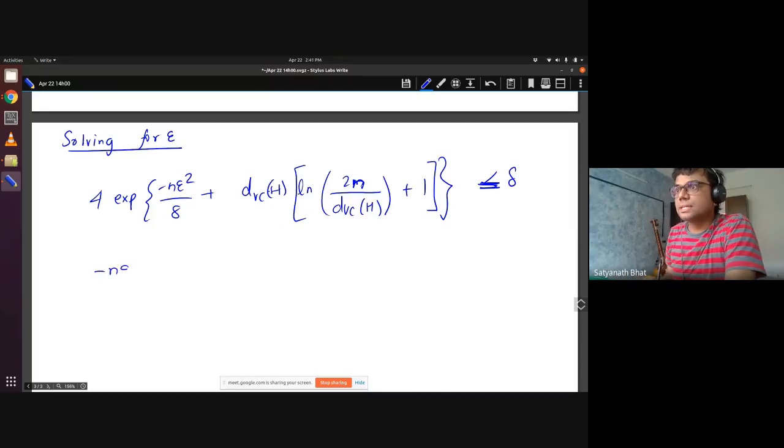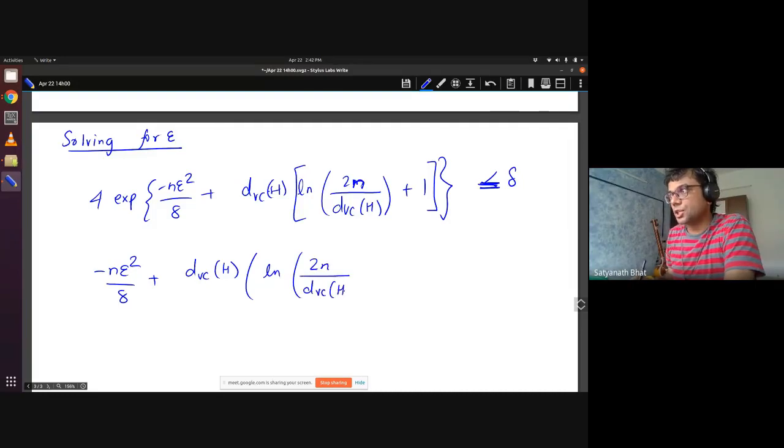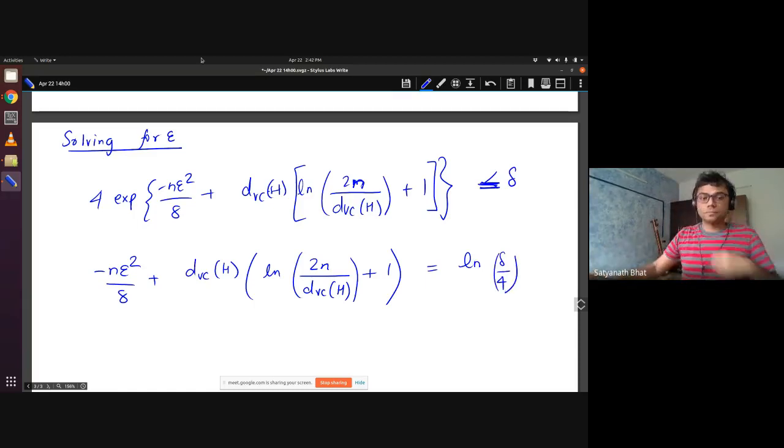So I will get minus n epsilon squared by 8 plus d_VC ln(2n over d_VC) plus 1, and this is equal to ln of delta by 4.